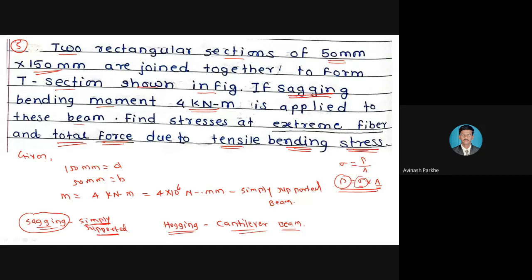But here it is not required because directly 4 kilonewton meter bending moment value is given. But the sagging word is mentioned in order to identify the type of beam, whether it is simply supported or cantilever. Therefore, take these two important words in your notebook. Sagging means simply supported beam and hogging means cantilever beam. Okay. So M we have converted, that is 4 into 10 raised to 6 Newton mm.